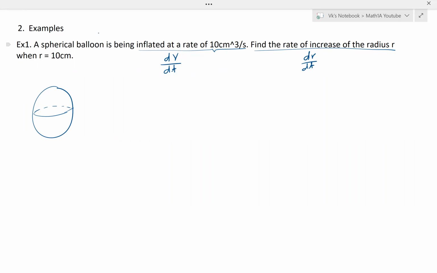We have to relate volume to radius at any time t. Volume is 4 over 3 pi r to the power 3, where V and r are functions of time.